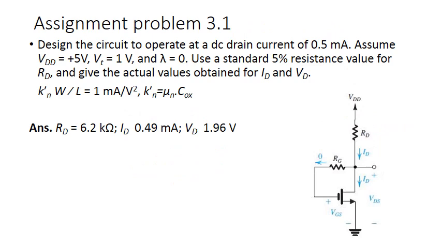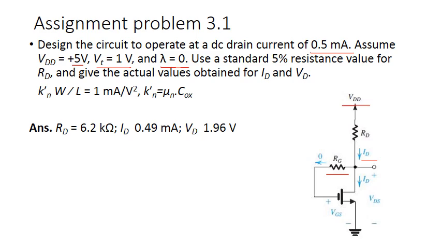So let us take an assignment problem. You have to design this particular circuit. The drain to gate feedback resistor RG is connected over here. The drain current ID is given as 0.5 milliamps. Assume VDD is 5 volts. Threshold voltage is given as 1 volt.